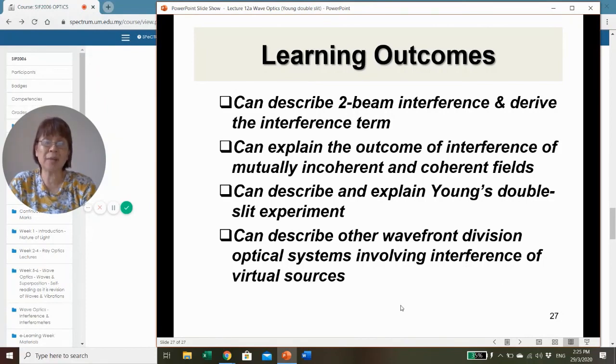So we are focused more on wavefront division interferometers. Thank you.